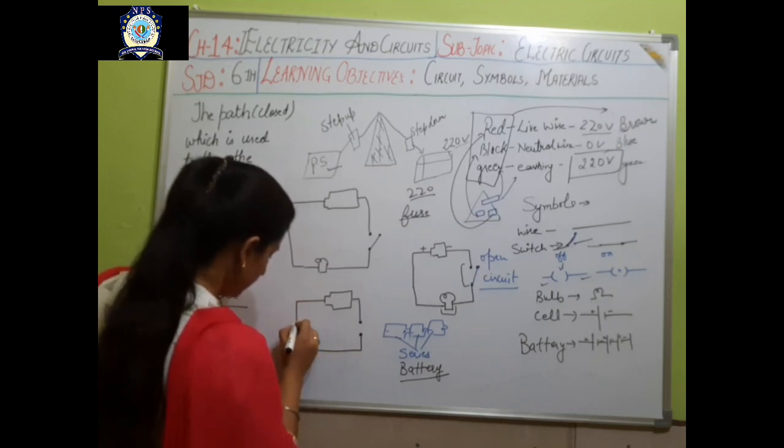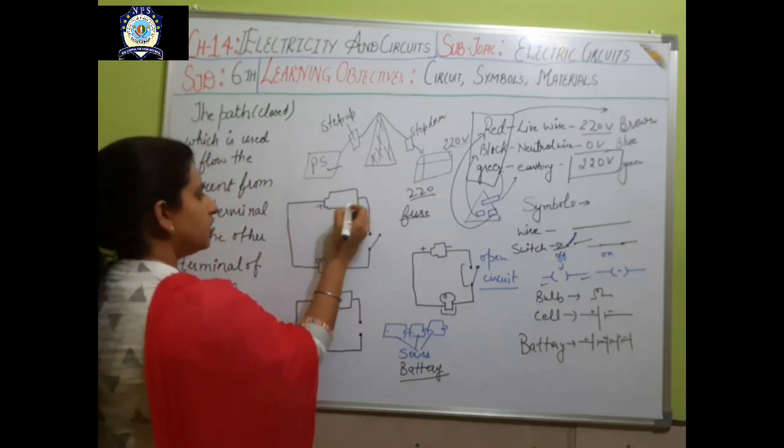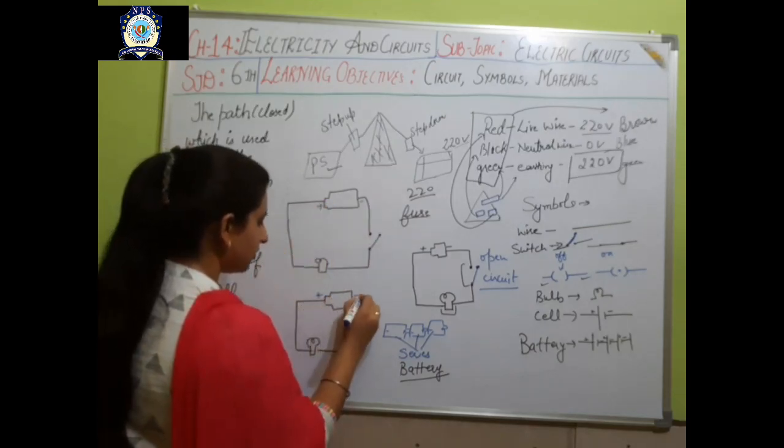This is the bulb and this is the connection. So this is the positive terminal, this is negative, this is positive, this is negative.